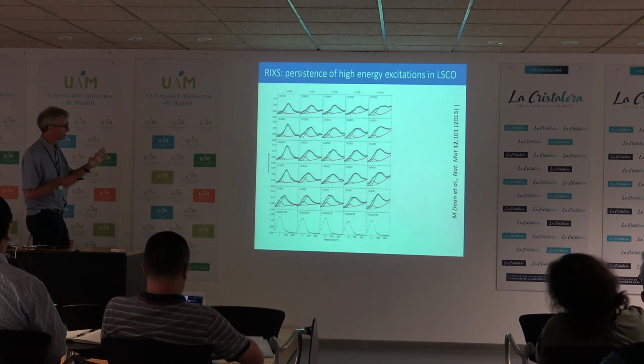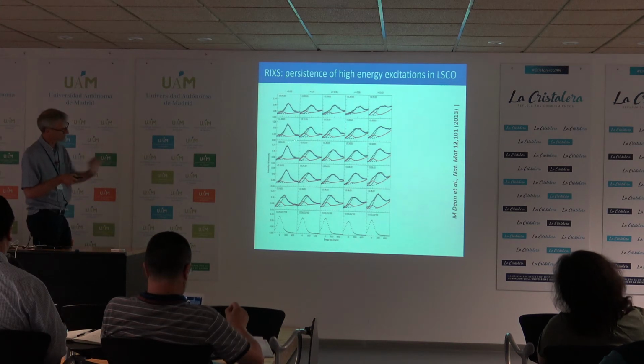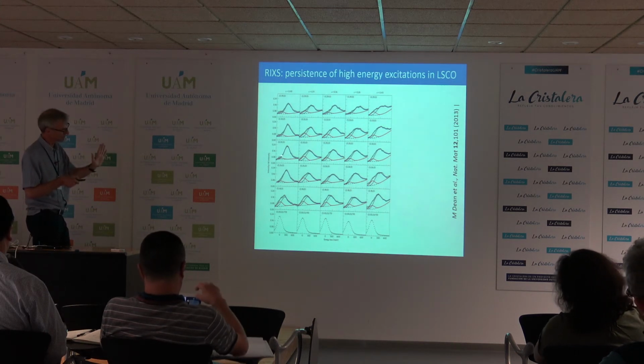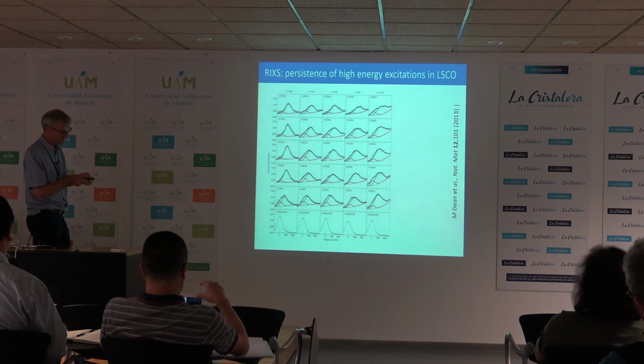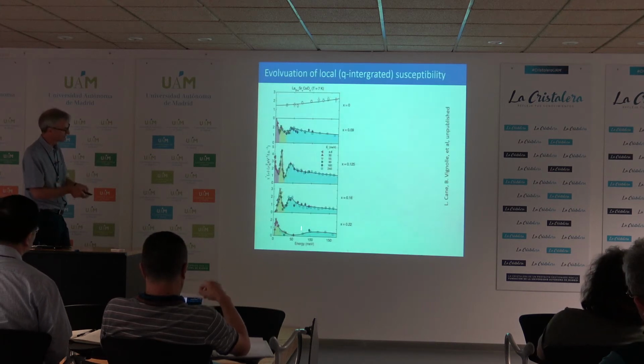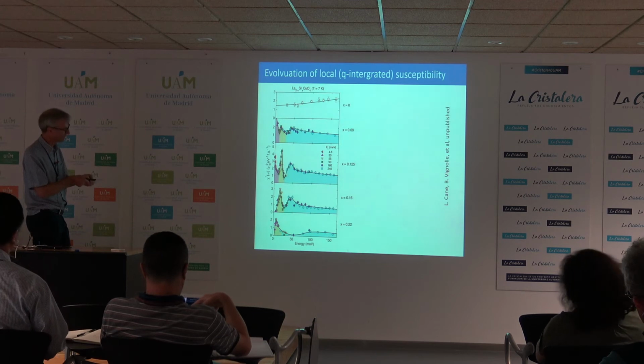It's very hard for you to see here, but basically this is the evolution across the phase diagram, and you see the high energy spin fluctuations persist across, so they change much less than the low energy ones that we measure with neutrons. See, these ones are changing quite dramatically.